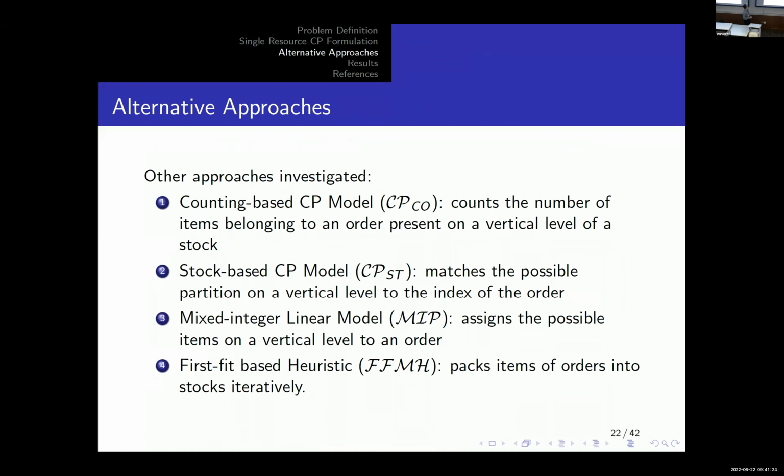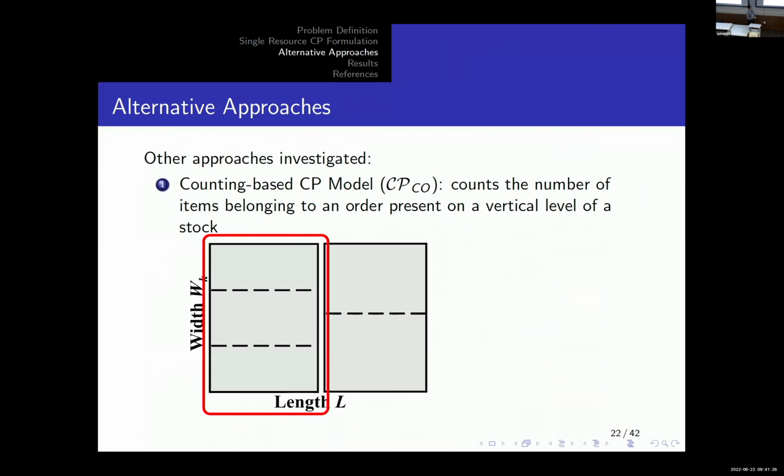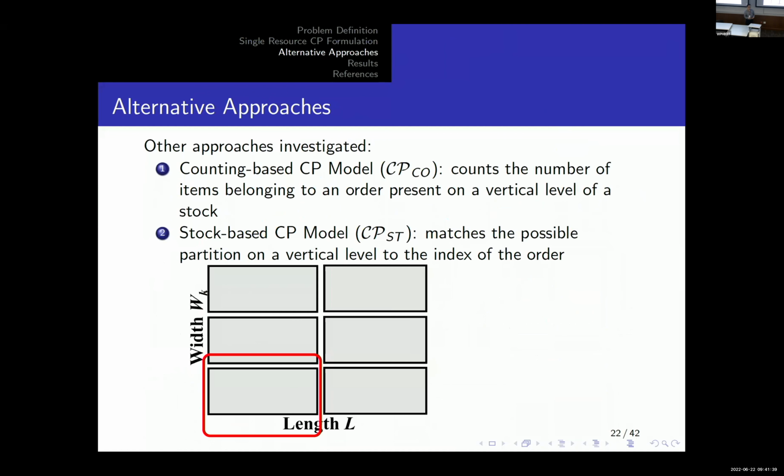Now, some other approaches that we investigated: we looked at a counting-based constraint programming model that essentially counts the number of items belonging to an order present on a vertical level of a stalk. We looked at a stalk-based constraint programming model, which essentially matches the possible little rectangle on each vertical strip to the index of the order.